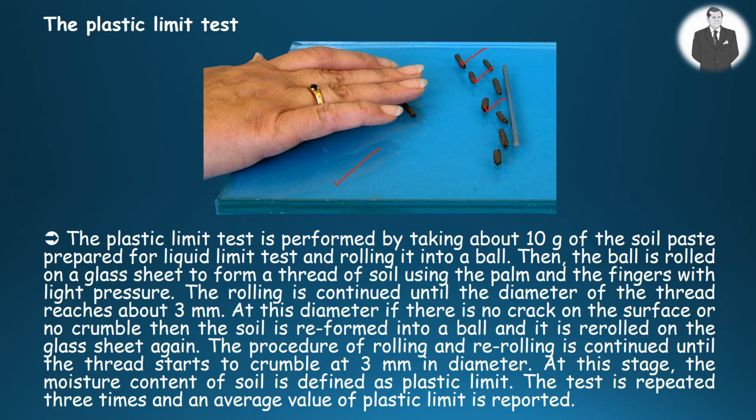At this stage, the moisture content of the soil is defined as the plastic limit. The test should be repeated at least 3 times and an average value of the plastic limit should be recorded accordingly.